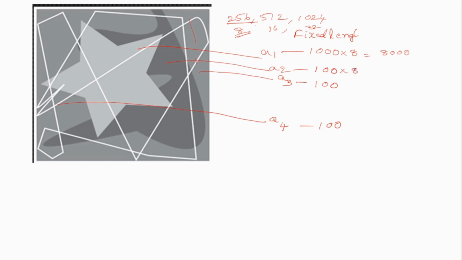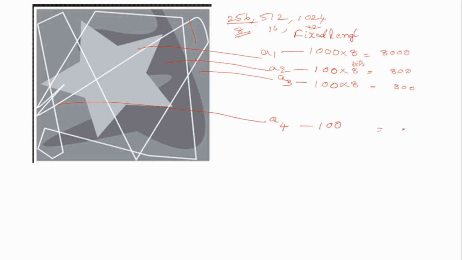Similarly, for the intensity value A2, we are assuming there are 100 pixels in that image, and the number of bits is 8. So to represent this intensity value, the required bits are 100 into 8, that is 800. A3 is also represented by using 8 bits in fixed length coding, so it is also 800.